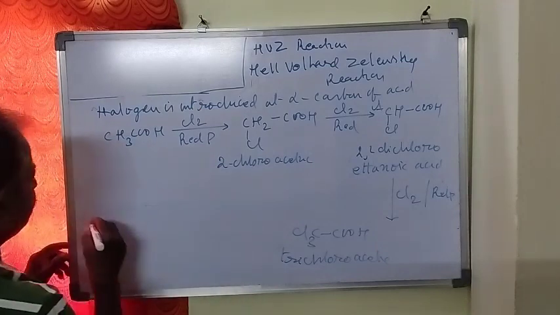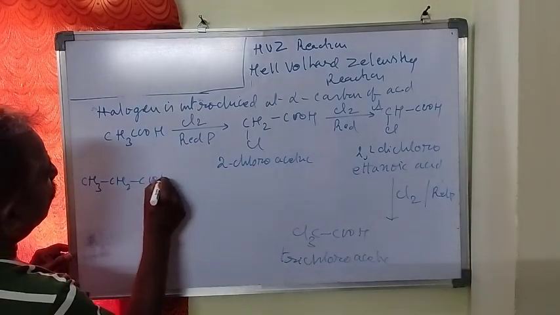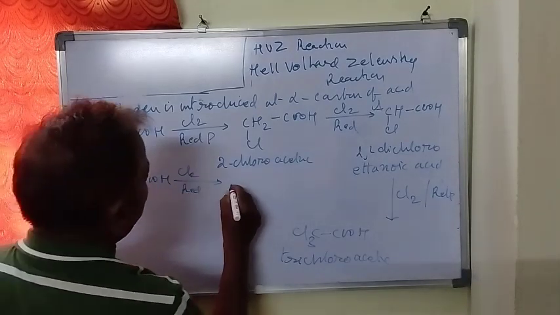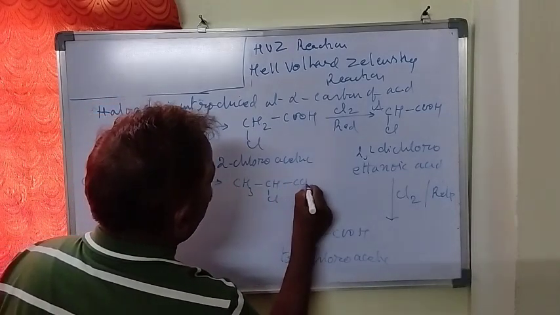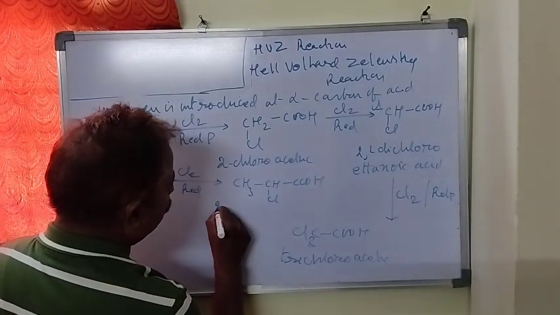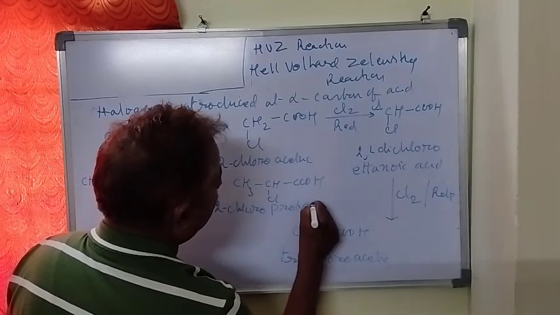Suppose we take CH3CH2COOH in the presence of chlorine and red phosphorus, we get CH3CHClCOOH. The name of this substance is 2-chloropropanoic acid.